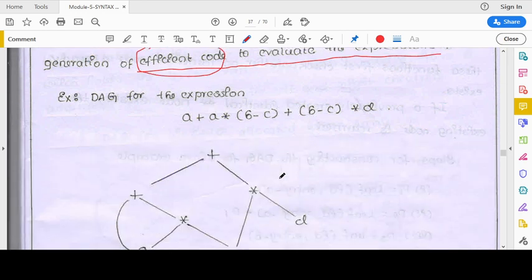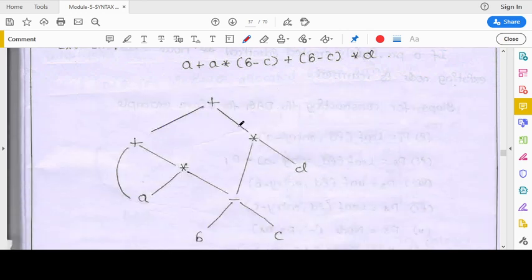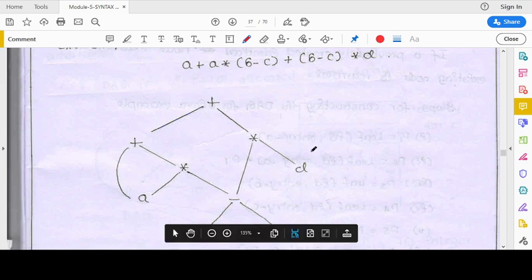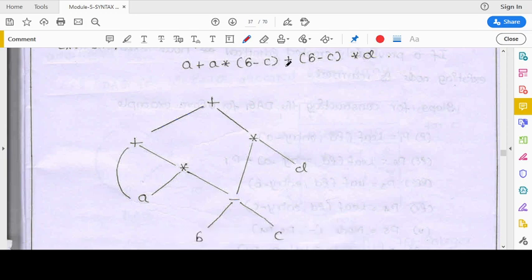Looking at the DAG here, consider the expression a plus a star within brackets b minus c, plus again within brackets b minus c, into d. You can see that a few of the operands repeat twice. b and b repeat here, c and c also repeat, a again repeats, and d is of only one form, right?